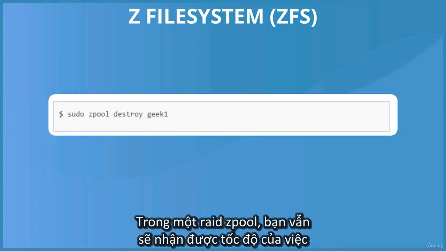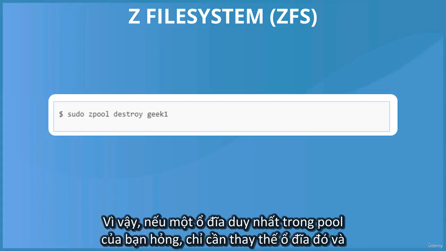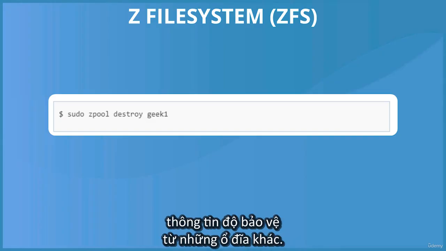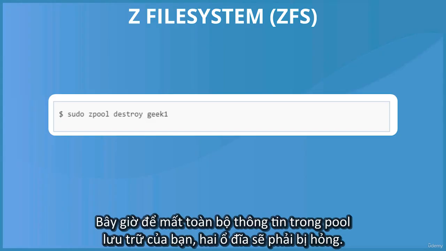In a RAID Z pool, you'll still get the speed of block level striping, but will also have distributed parity. So if a single disk in your pool dies, simply replace that disk and ZFS will automatically rebuild the data based on parity information from those other disks. Now to lose all of the information in your storage pool, 2 disks would have to die.